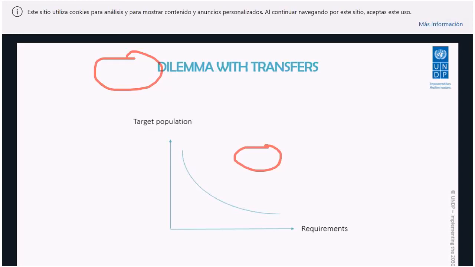So the liquid effect is the right side and the left side put together, right? So you add conditional and unconditional direct cash transfers and in-kind transfers, and you subtract taxes on personal income and contribution. So this is the liquid effect, and you come to available income.